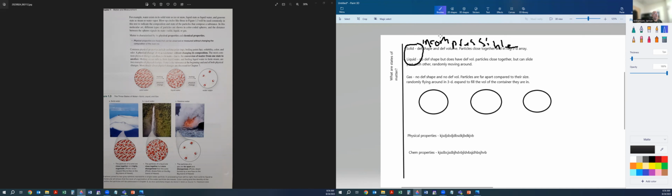Obviously, I'm doing this with my mouse, but you guys get the idea; the penmanship would be better. Over here, I said these are incompressible because the particles are touching each other. I said liquid and gas were fluids because they could flow past each other. And then I would take additional notes on top of that.